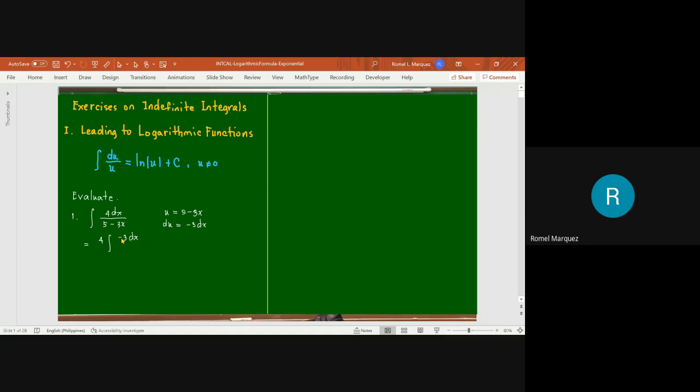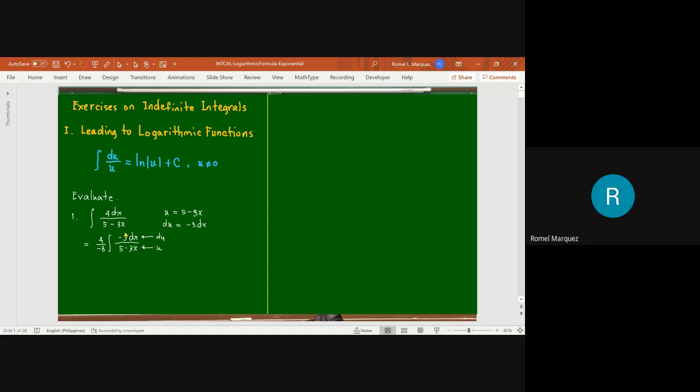So since we put negative 3, we have to balance outside by negative 1/3, over 5 minus 3x inside. So, let's now check if this takes the form of the integral of du over u. This is du, and the denominator is u.